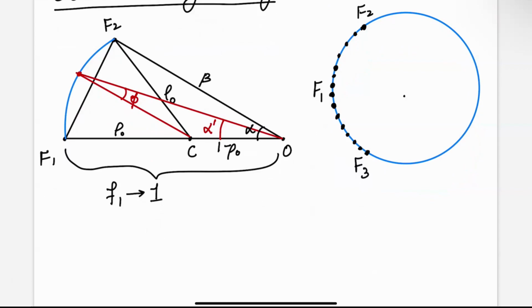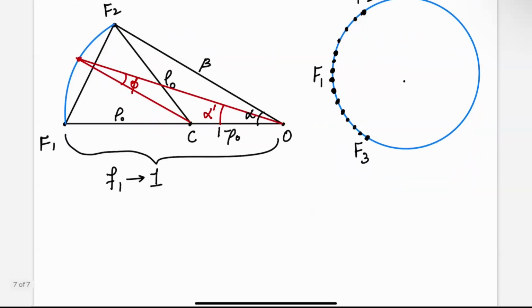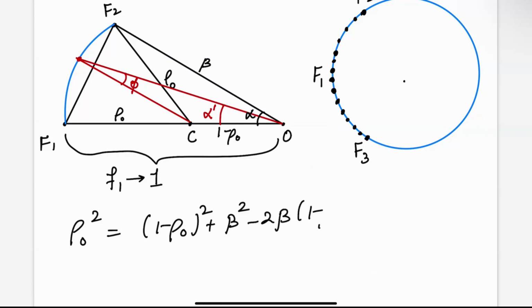We want to find out what is rho naught, and for that, we can use the law of cosines for this triangle. That gives me rho naught squared is equal to 1 minus rho naught squared plus beta squared minus 2 beta times 1 minus rho naught times cosine alpha.